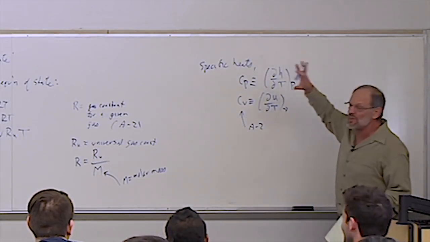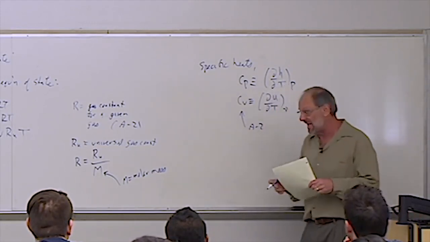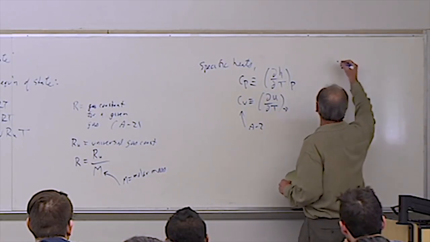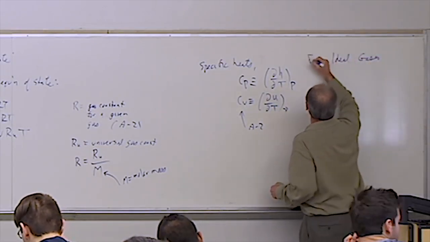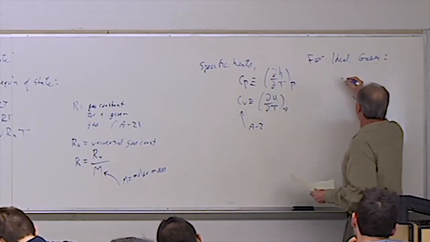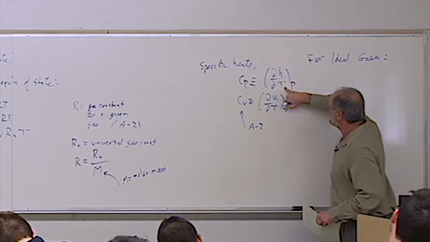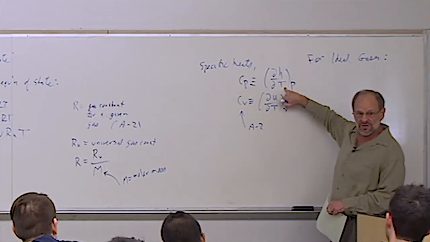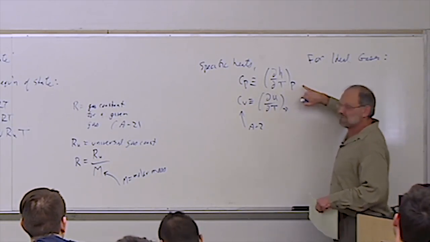All right, so one thing we use specific heats for a lot is for problems that involve ideal gases. So let's continue here with ideal gases. For ideal gases, we would note that the enthalpy is a very strong function of temperature, but a very weak function of pressure and specific volume.